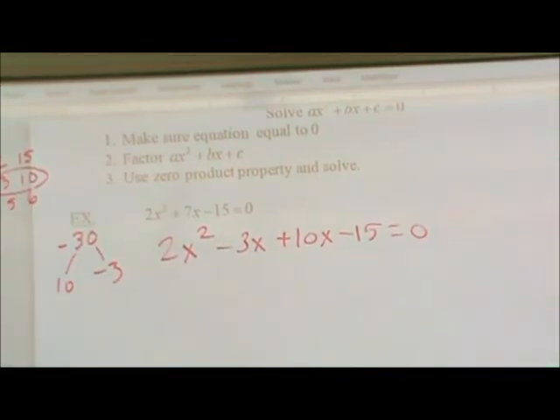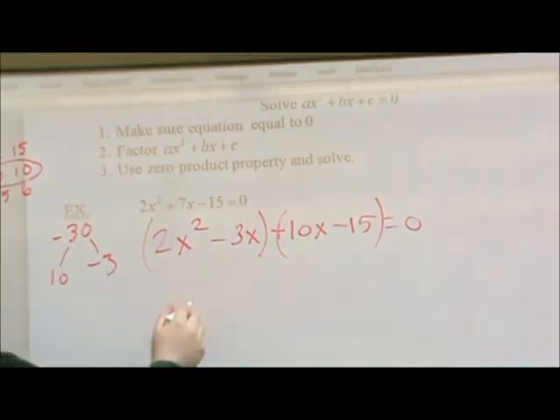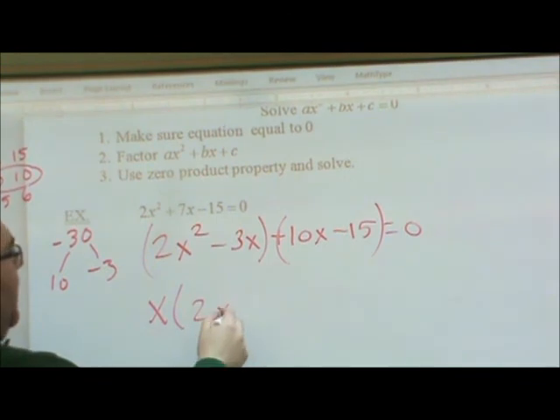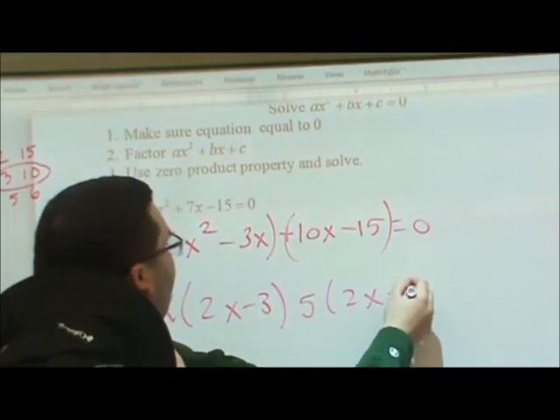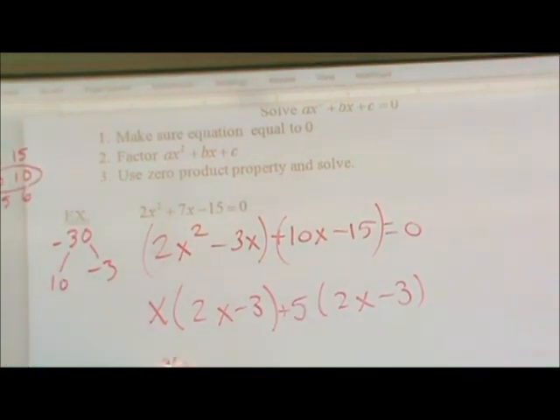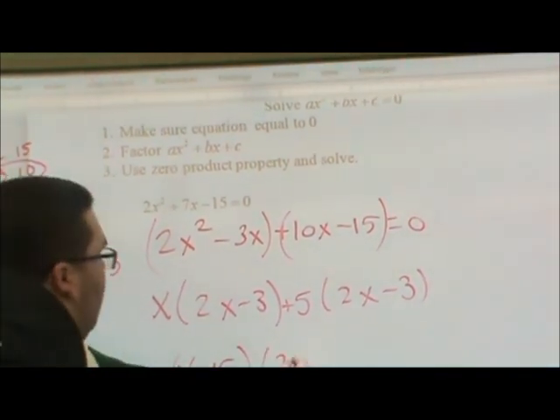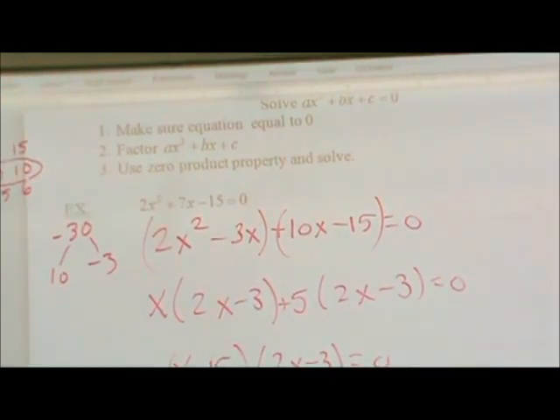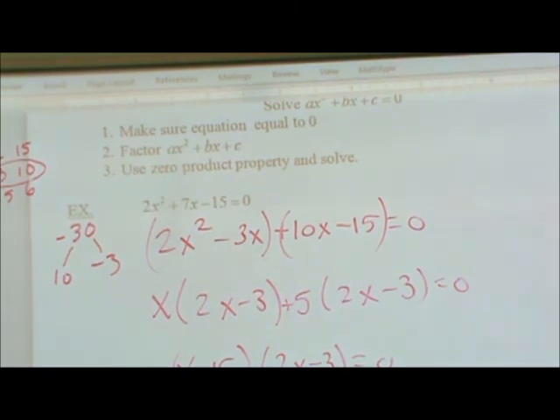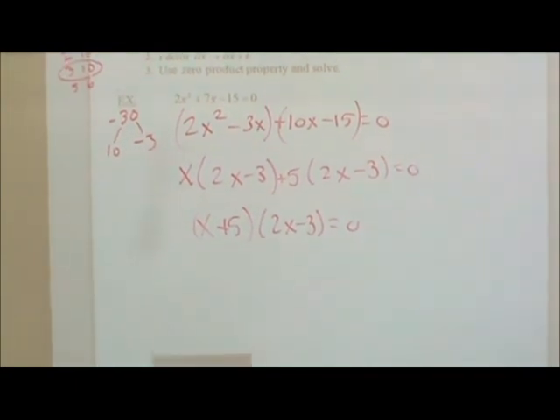And now, when we do this factor by grouping, GCF x, 2x minus 3, GCF 5, 2x minus 3. Now from here, we get our answer, and it's equal to 0. But we got to remember now, what can we do when we've got the parentheses equal to 0?